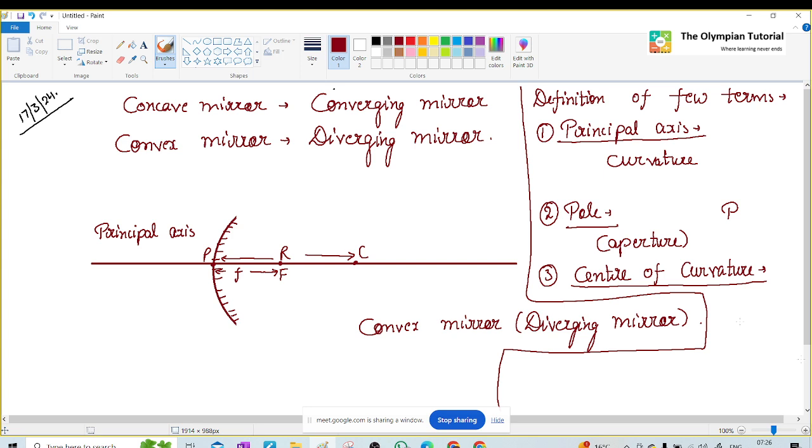Radius of curvature is the separation between the pole and the center of curvature.